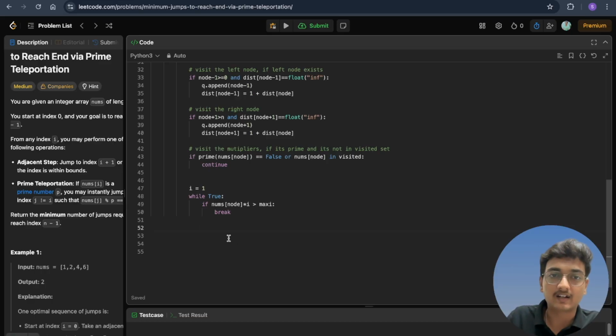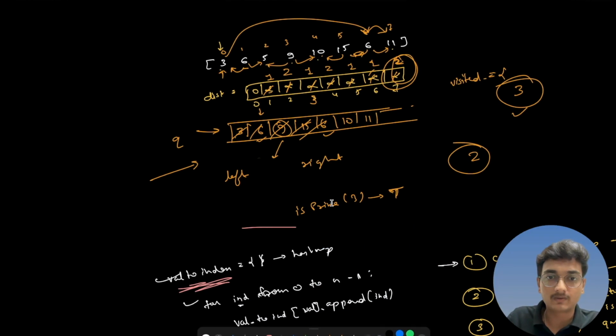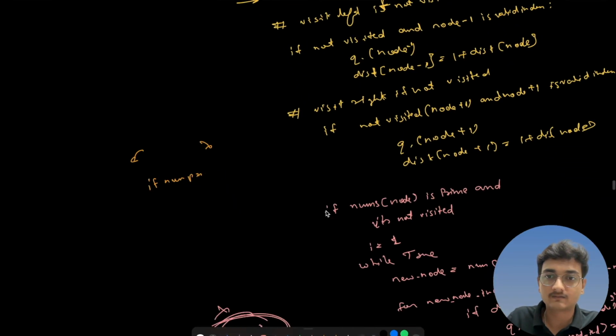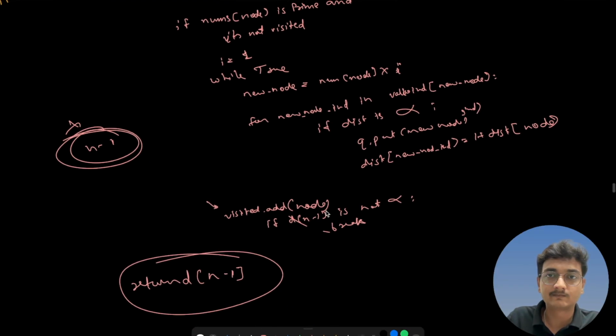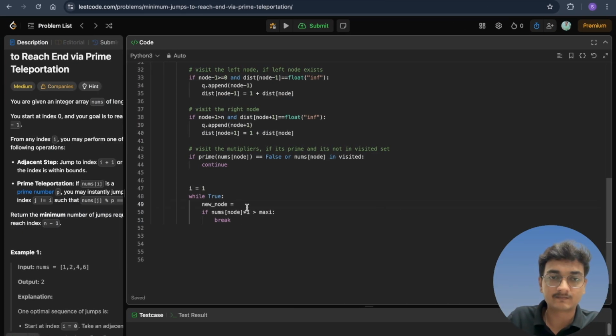First, I will find out the index. So let me write new node here first: nums of node into i. Let me write new node here, that will make the code a little cleaner.